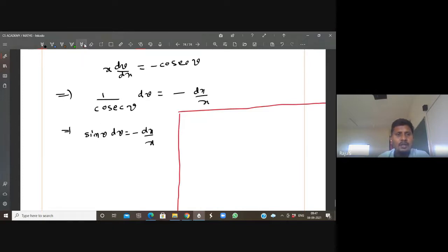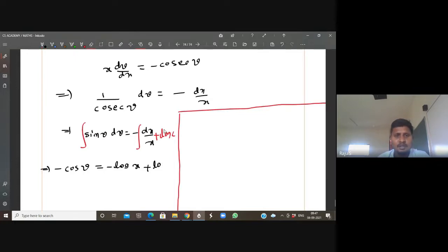Now clearly the variables are separable, then integrate on both sides by adding log c as the constant. Integral of sine v is minus cos v, is equal to minus log x plus log c, or else you may take plus c also.